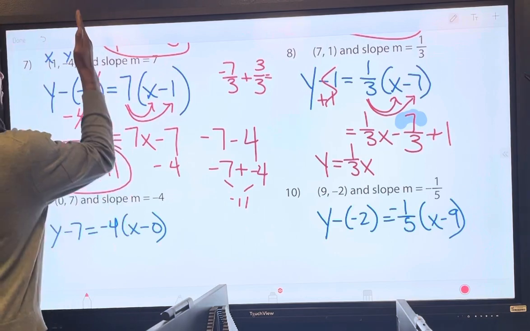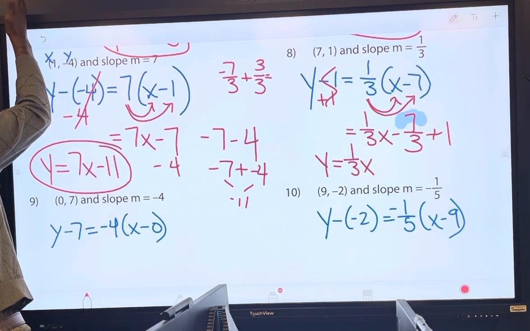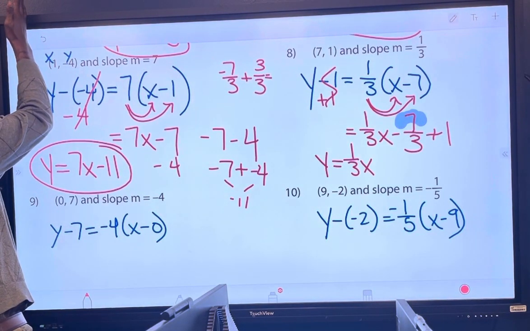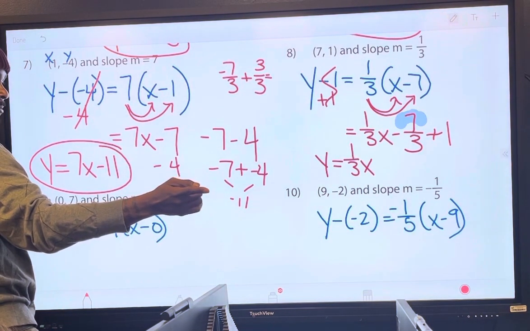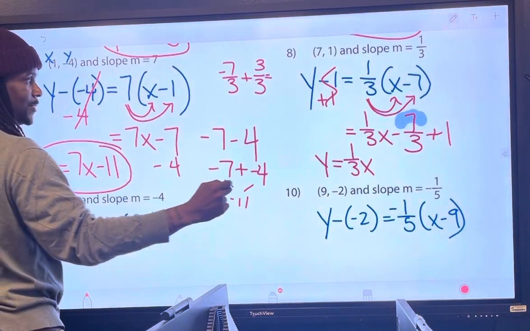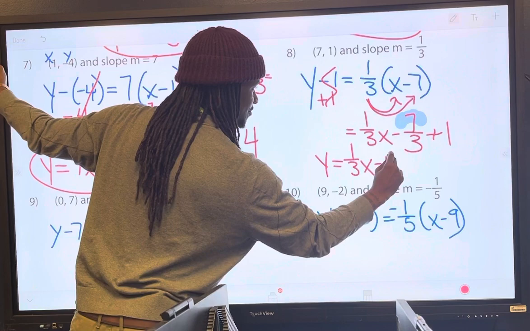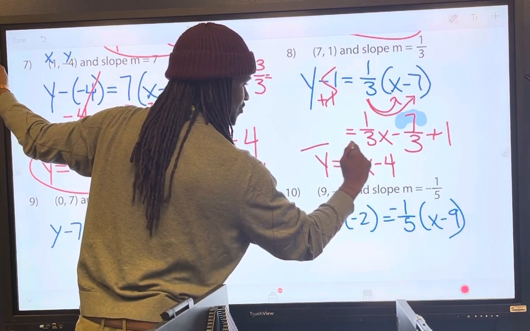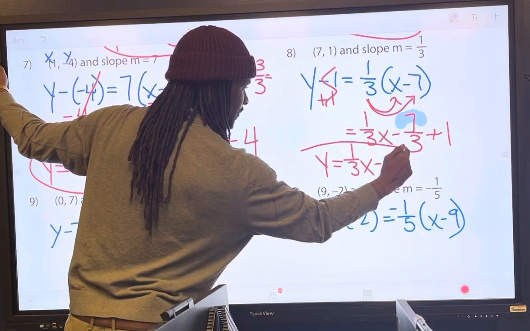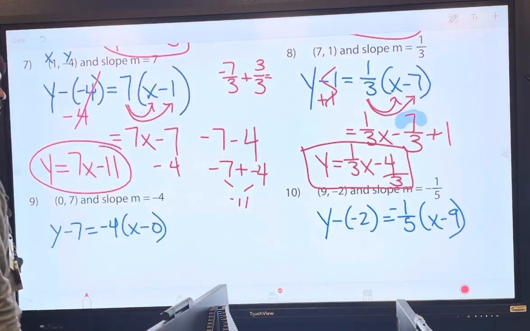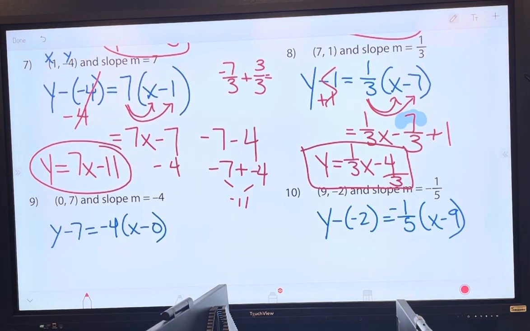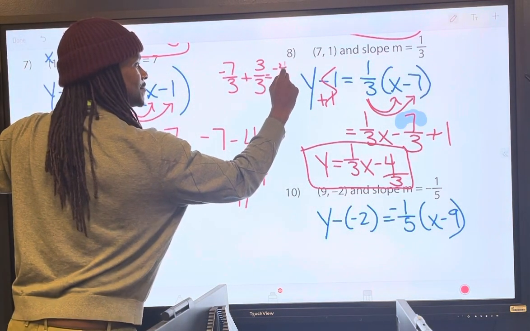If you owe somebody $7, you have what? Negative 7. What's my answer? Negative 4 over 3. There's your answer. Wait, I don't really get it.